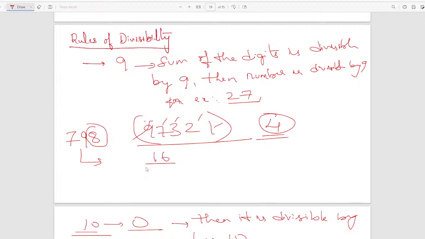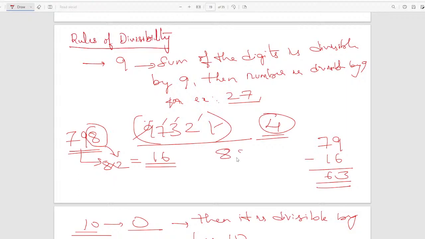It is 16. And then the remaining number is 79. 79 minus 16 is 63. If this number is divisible by 7, then the whole number 798 is divisible by 7. 63 is divisible by 7, so 798 is divisible by 7.